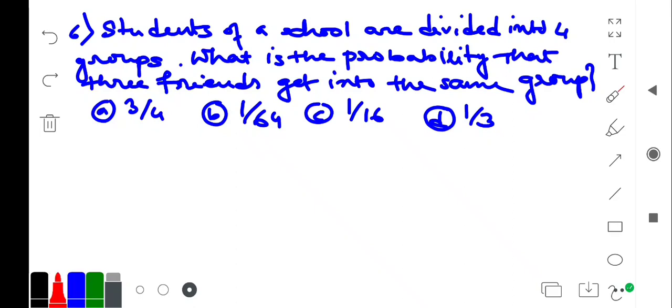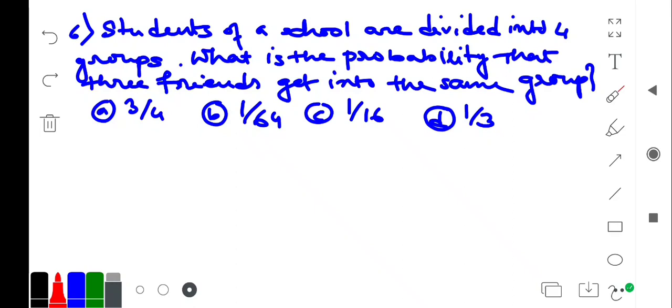Now, let student 1, student 2, student 3 be the 3 friends, and the groups A, B, C, D. Okay, 4 groups. Let us consider any one of the groups, say A. Group A is one of the 4 groups.